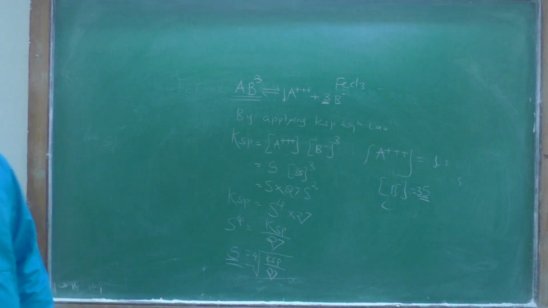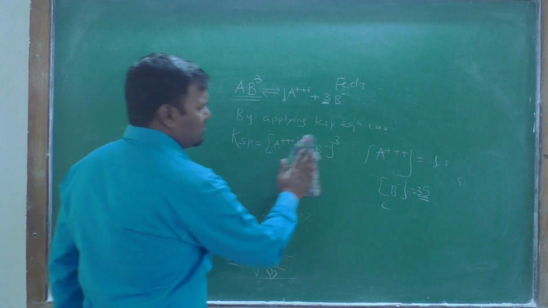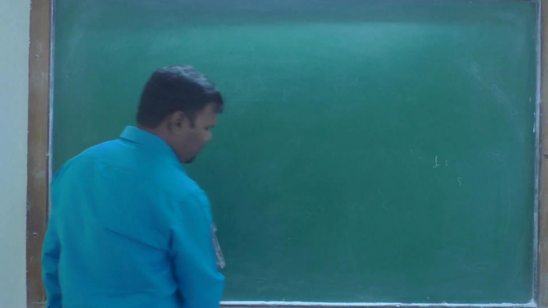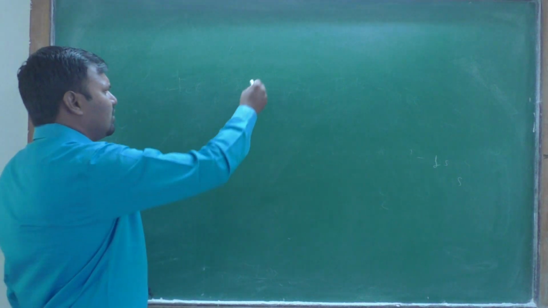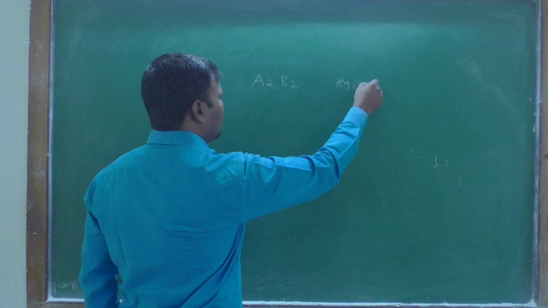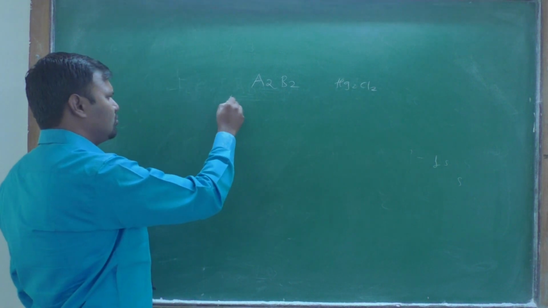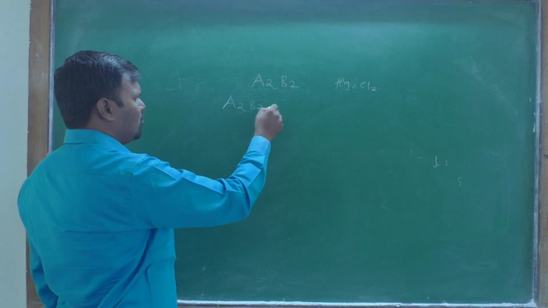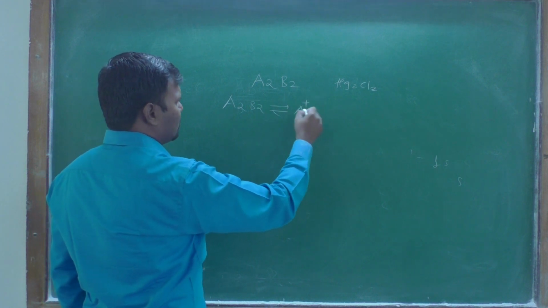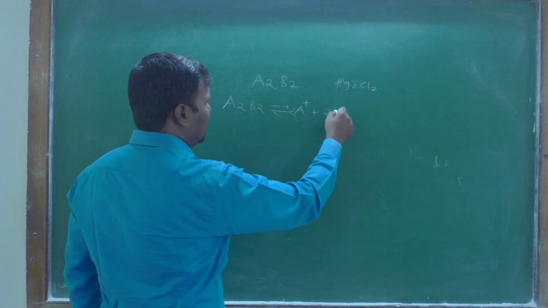Now we have some other example, the A2B2 type of salt, that is Hg2Cl2 type salt. It dissociates like that: A2B2 will dissociate into 2A+ and 2B-.